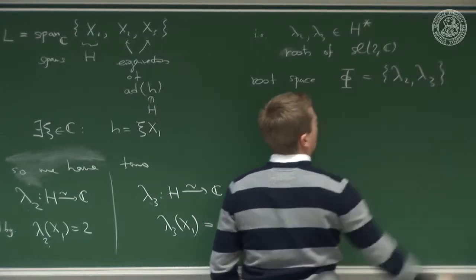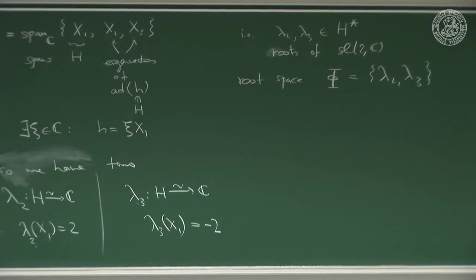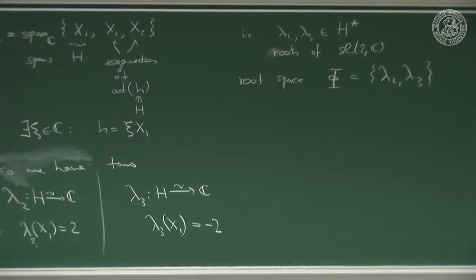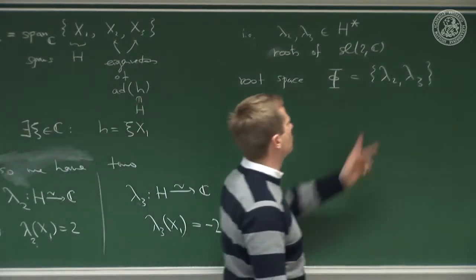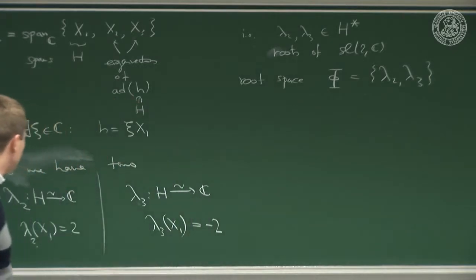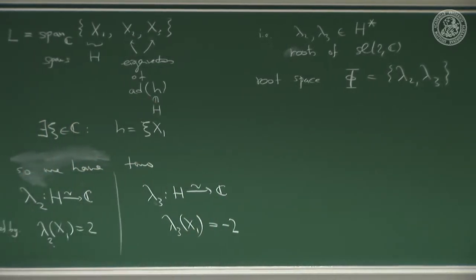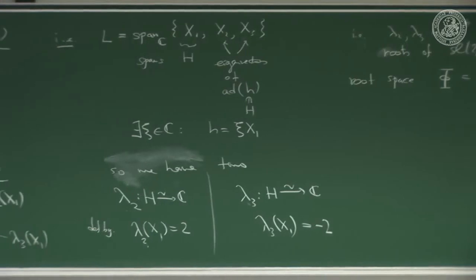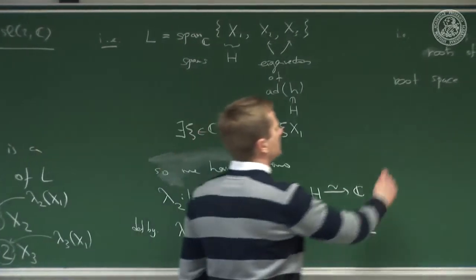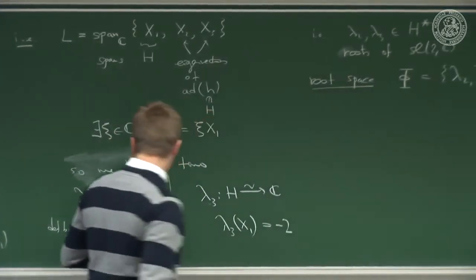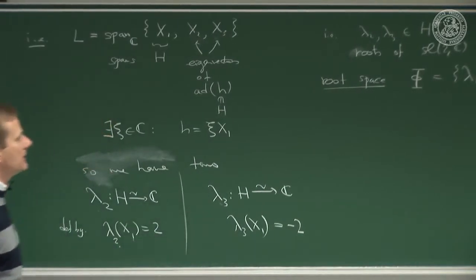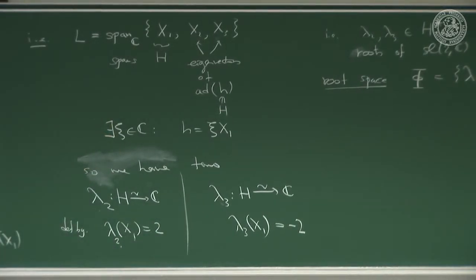And you see we had the abstract result that if you have a root, then minus that root is also a root, and that is the case here. Minus lambda 3 is lambda 2. Okay, that's the root space of SL2C, and it's these particular roots defined on a basis like this.